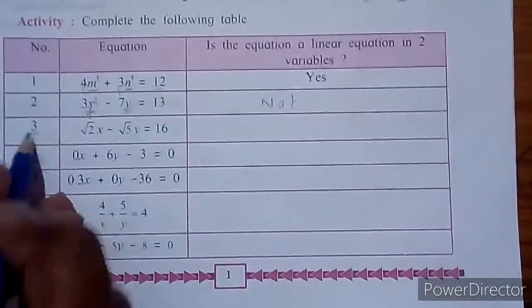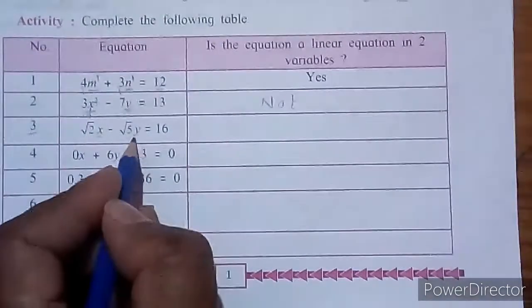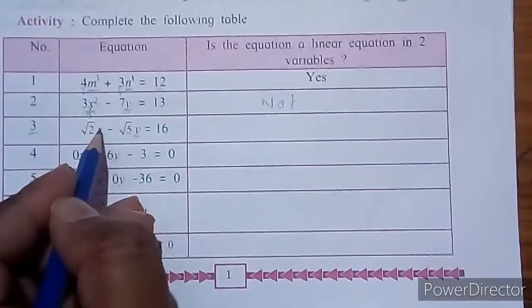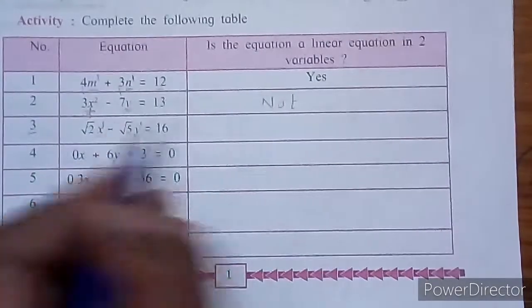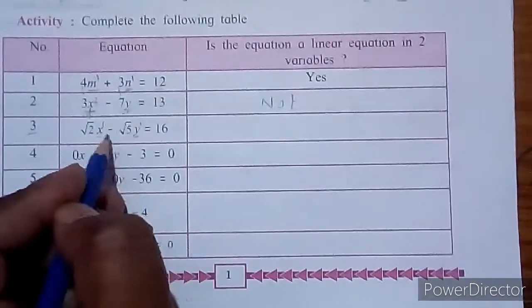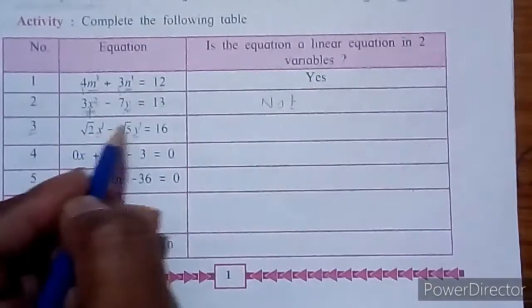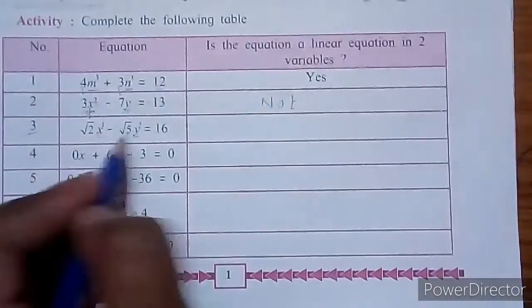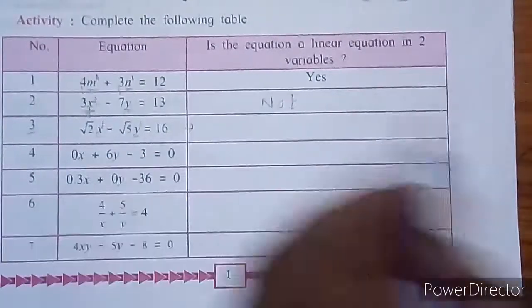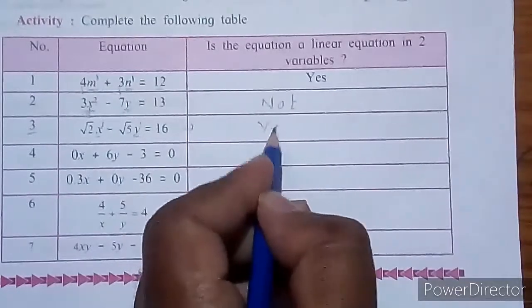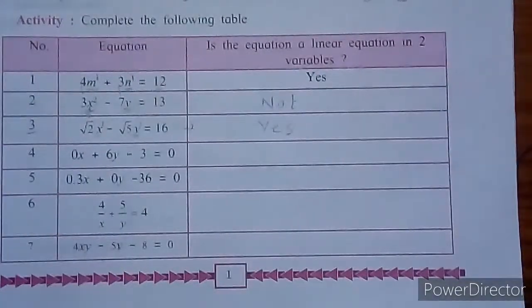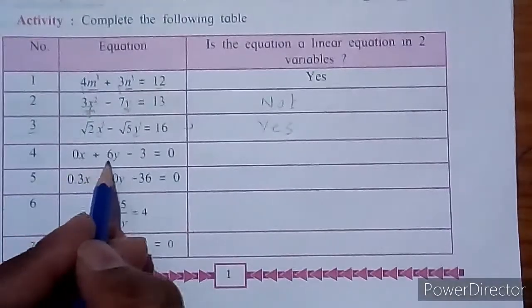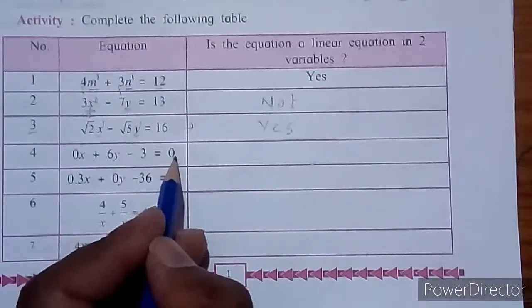Now moving to the third one, here two variables are given having 1 as their degree, means each has degree 1 individually, therefore it is also a linear equation.